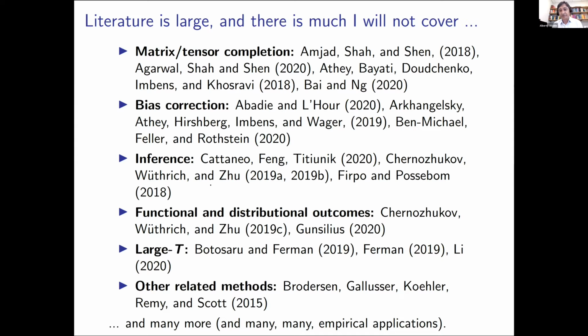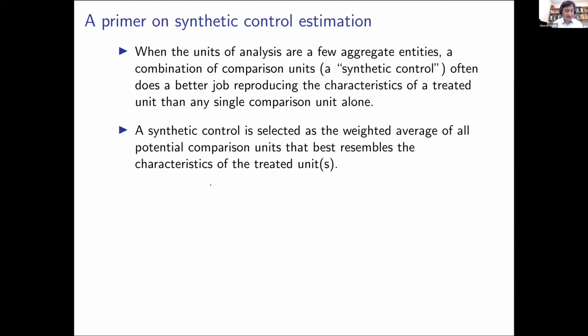And the literature is very large, and I won't have time to cover all this, and I will basically concentrate on the original formulation of synthetic controls, although there are many important extensions, many important related methods out there in the literature, and of course there are many empirical applications that I will not be able to cover.